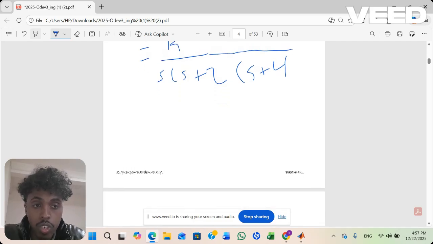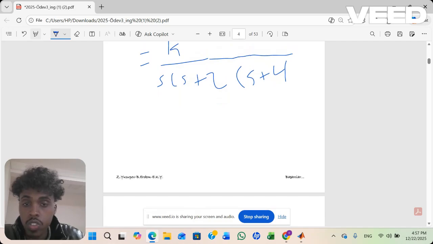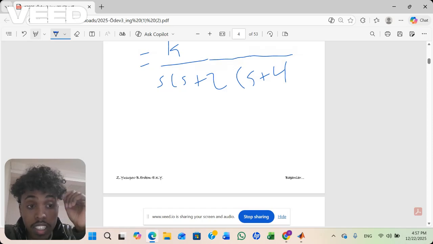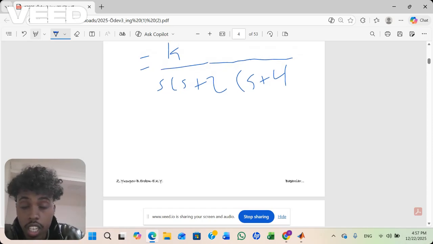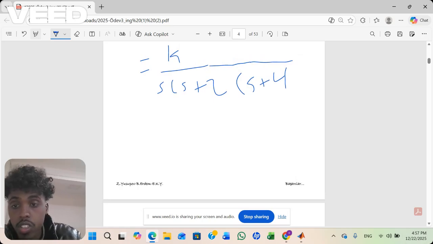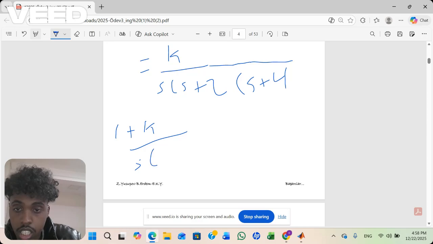We will solve this one. How are we going to solve it? First we start with K. We say 1 plus K over s(s plus 2)(s plus 4).